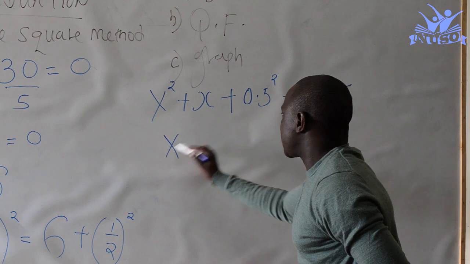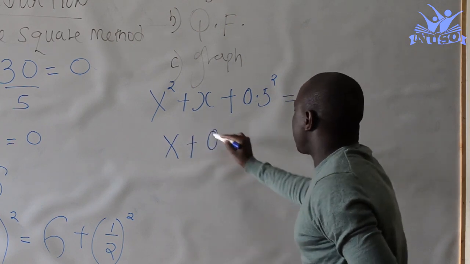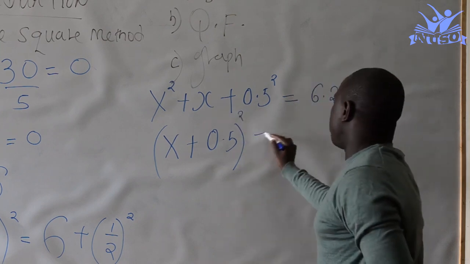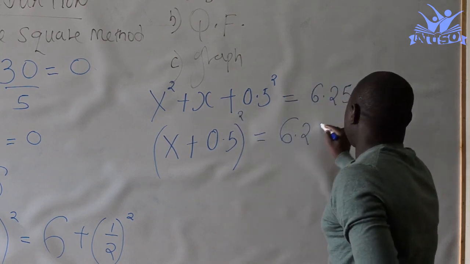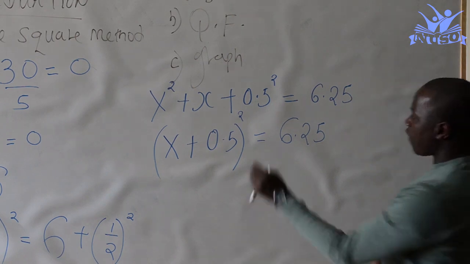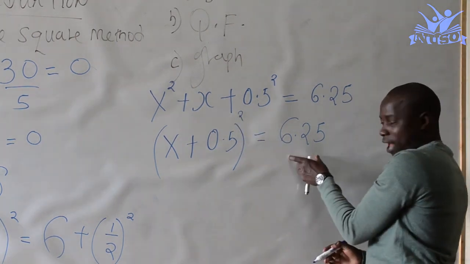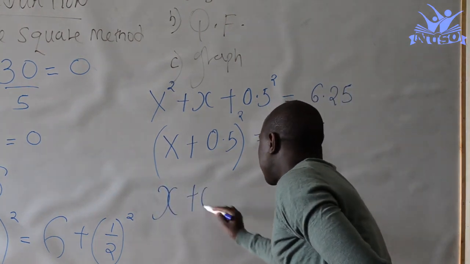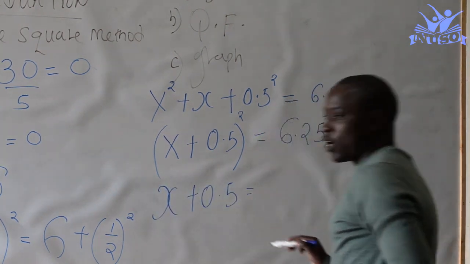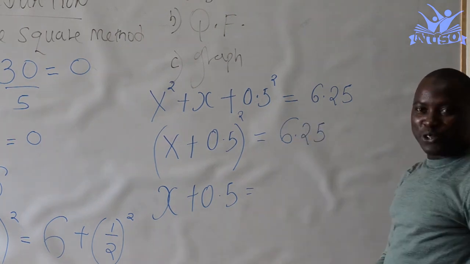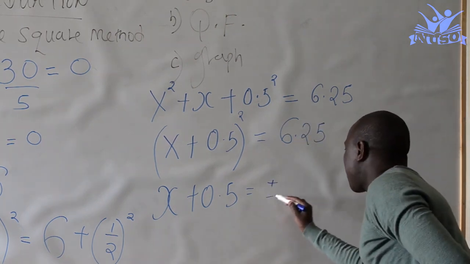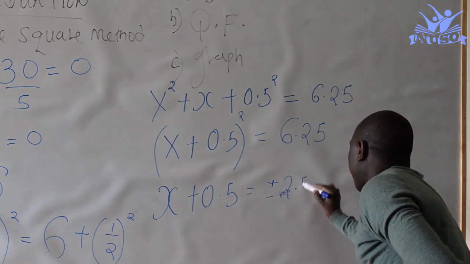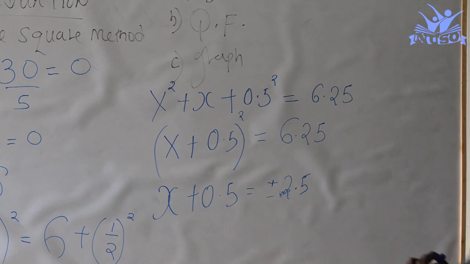So you'll have x plus 0.5, squared, is equal to 6.25. Now, to remove the square, I get the square root of the other side. So I will have x plus 0.5 is equal to the square root of 6.25, which is plus or minus 2.5.